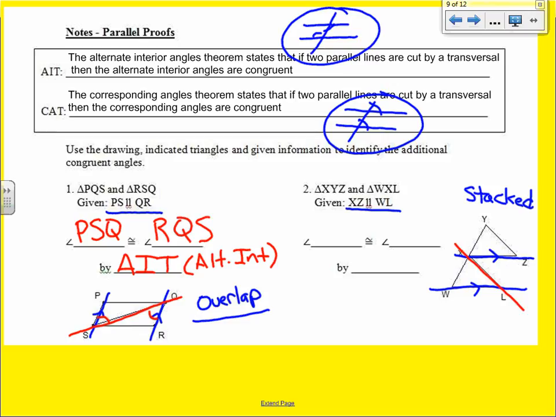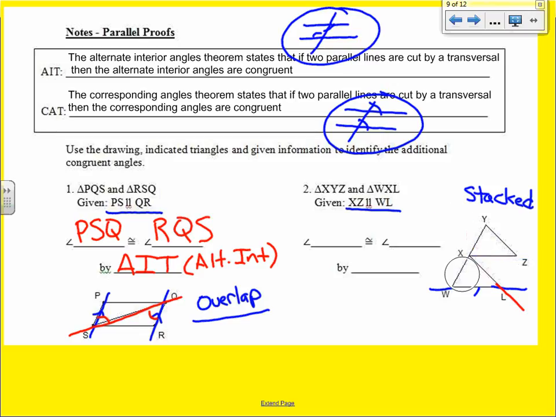This does not create the same picture that we have up top, because while you could say that's alternate interior angles, if you notice this top angle, it has some part that is inside and some part that is outside. That is a big no-no. We don't want to do that.